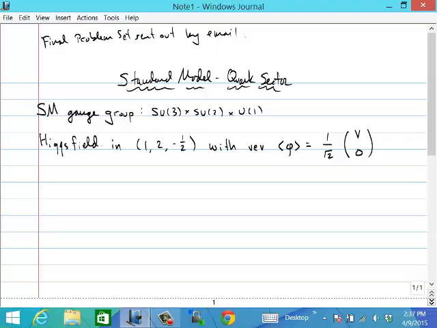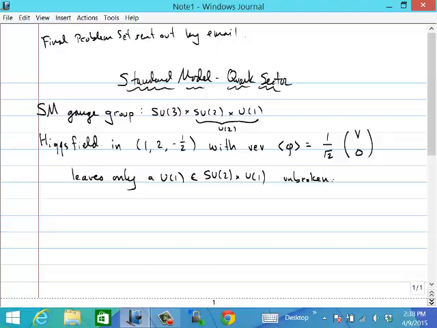And in fact, you can think of SU2 times U1 just as U2, the set of unitary 2x2 matrices. And if you think about it for a second, you can fairly easily see that having a complex doublet with a non-trivial vacuum expectation value leaves only a U1 sitting inside SU2 times U1 unbroken.